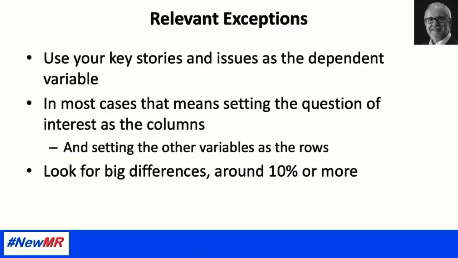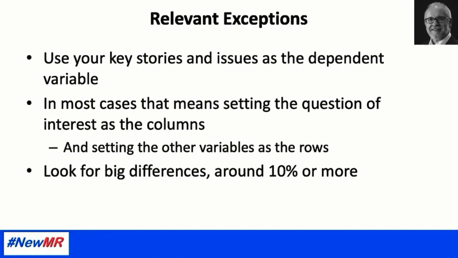Once we've got the main story, we're going to look for relevant exceptions. And when we do that, what we tend to do is make the things we've found that are important the dependent variable. What do I mean by the dependent variable? Well, in SPSS and in tabs packages, in most countries it means setting those as the columns and all the other variables as the rows.